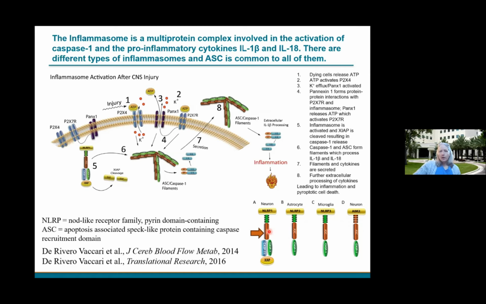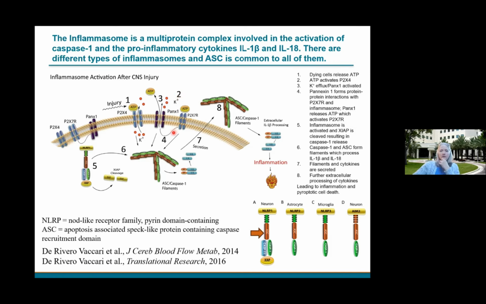What is common to all of them is this component ASC, which is an apoptosis-associated speck-like protein containing a caspase recruitment domain. Basically, the inflammasome is activated after CNS injury or even disease. You've got dying cells releasing ATP, and ATP is activating the P2X4 receptor, and you've got potassium efflux.